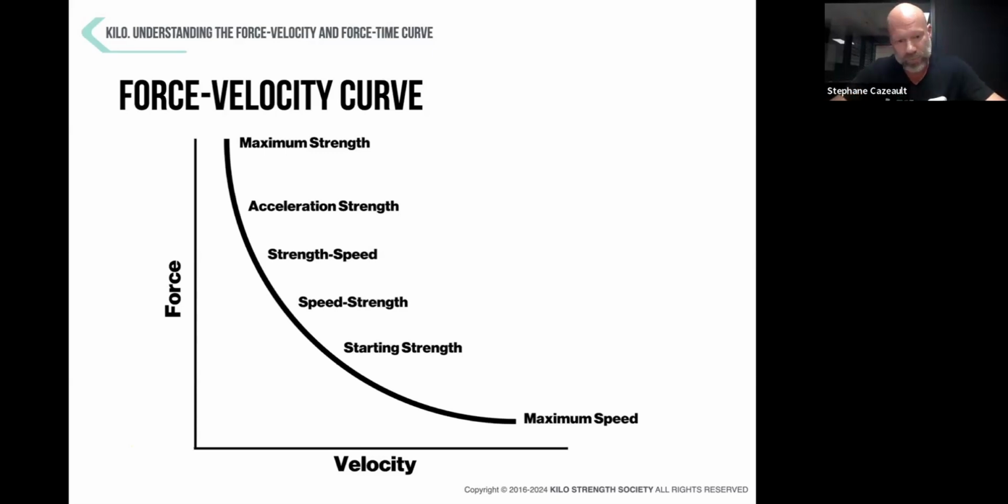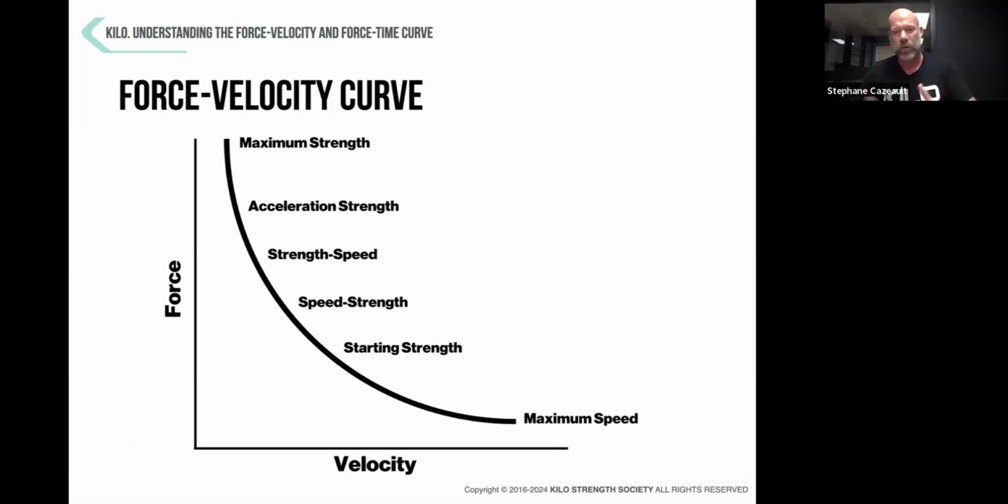What happened, which is a little interesting, is I think it was in 1984, there was a study that came out where they were able to measure the speed of contraction of starting strength very clearly and speed of contraction of acceleration strength very clearly. But then there was this intensity zone where the acceleration part of it is there, but not fully, and the starting strength part of it is there, but not fully.